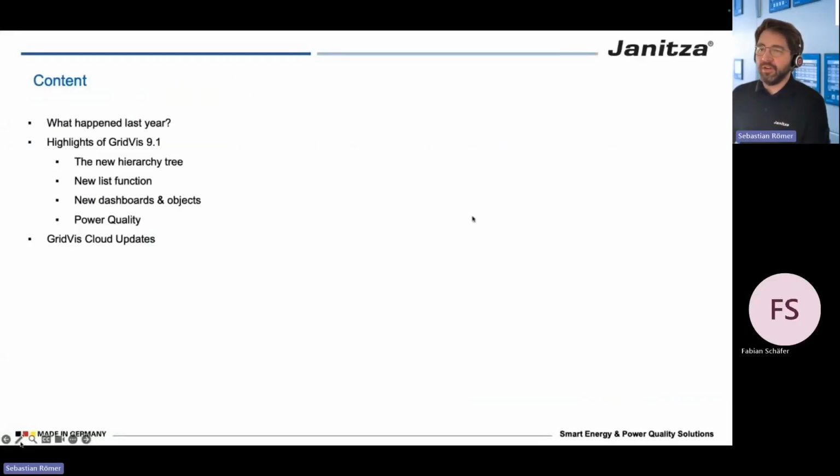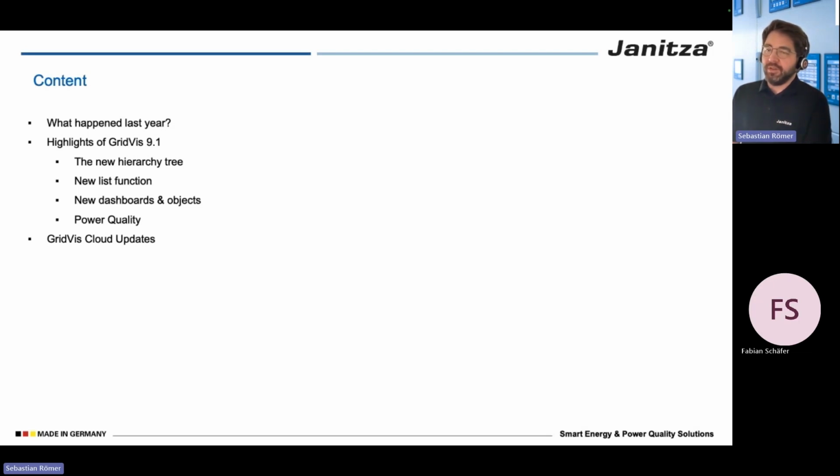I would like to start with a short review of last year and show you all the things that happened during the release of GridVis 9.0 and GridVis 9.1. After that, I would like to give you all the highlights of GridVis 9.1, which are the new hierarchy tree, all the new functions that came to the list function in GridVis.